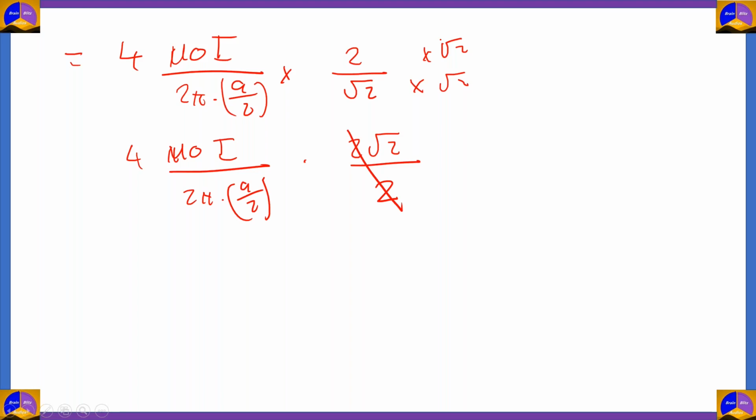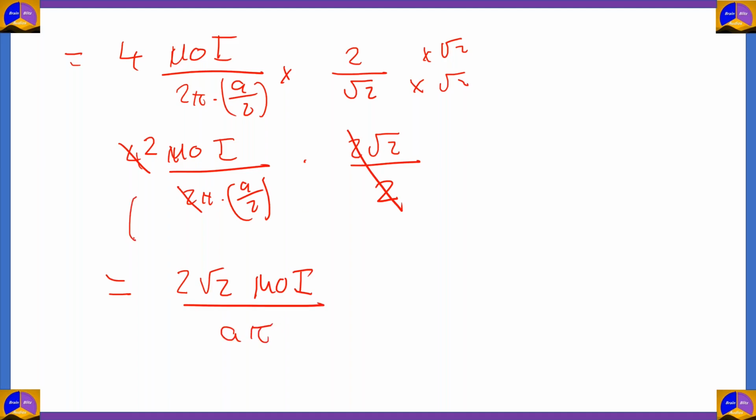Then we can cancel the 2 and 4, so we have 2 here. Therefore, the final answer will be 2 root 2 mu naught I divided by A pi. Notice that there are some steps here, but the final answer will be 2 root 2 mu naught I divided by A pi.